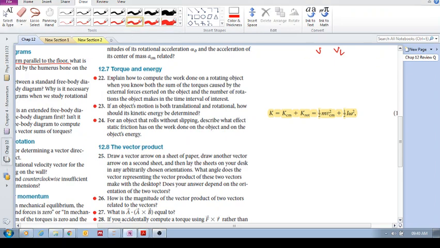Alright, 22. Explain how to compute the work done on a rotating object when you know both the sum of the torques, right? The sum of the torques caused by external forces exerted on the object and the number of rotations.